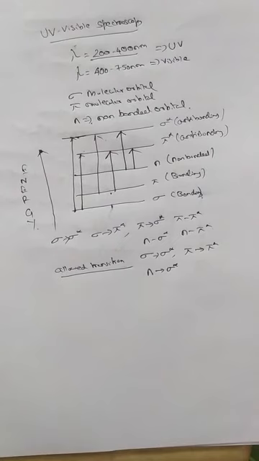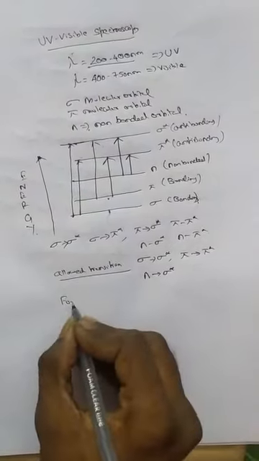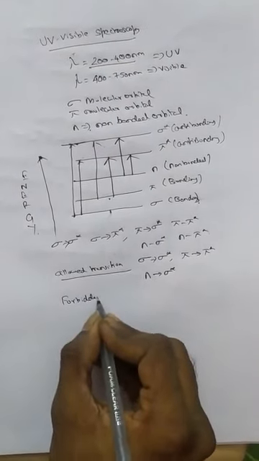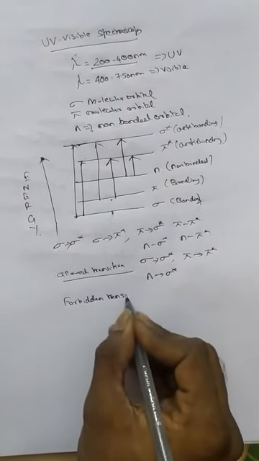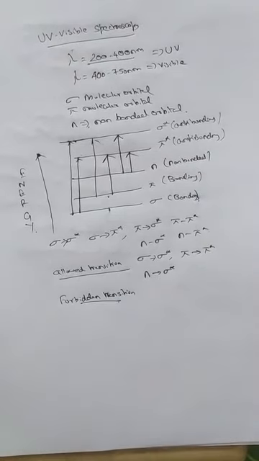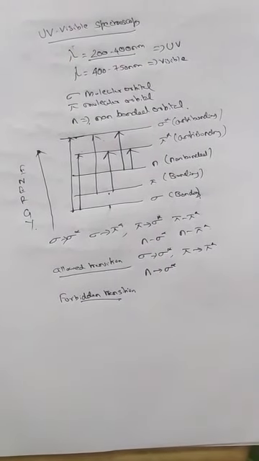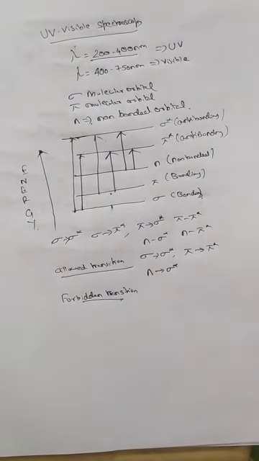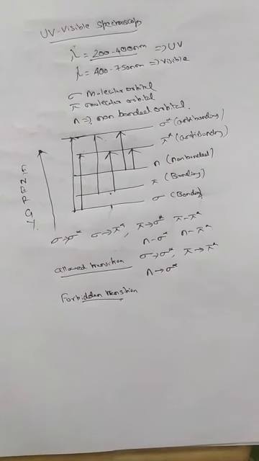And there are forbidden transitions. A forbidden transition is when it is not allowed. Between two different symmetries, the transitions are not allowed.